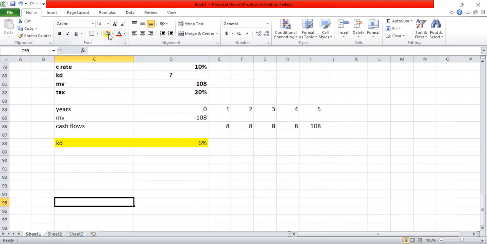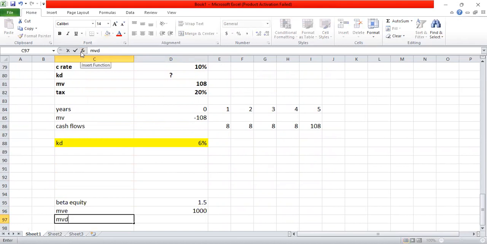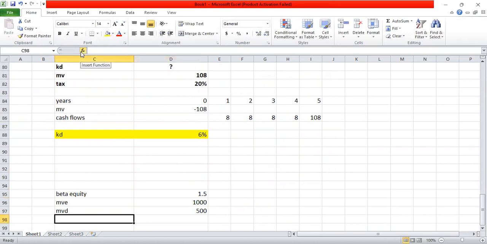For example, you have been provided the beta equity, that is, for example, 1.5, market value of equity 1000, market value of debt 500, tax is 20%.